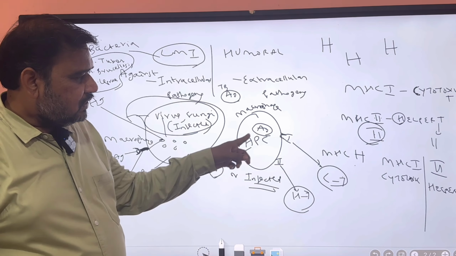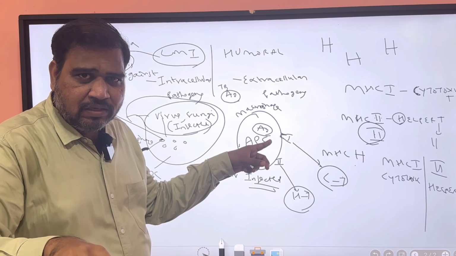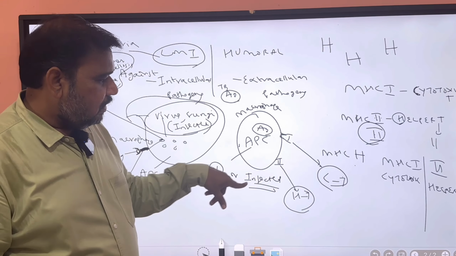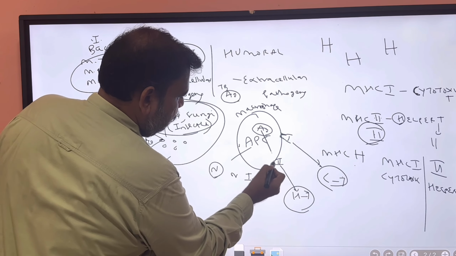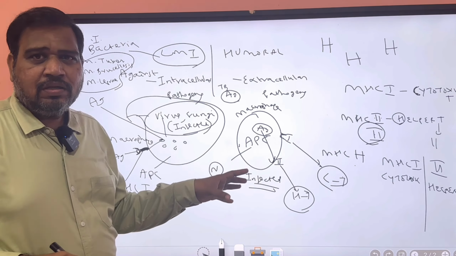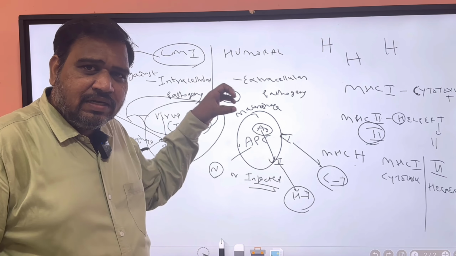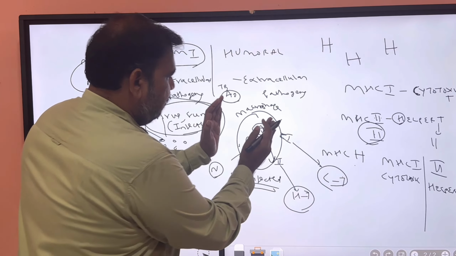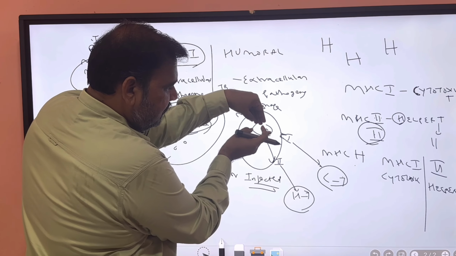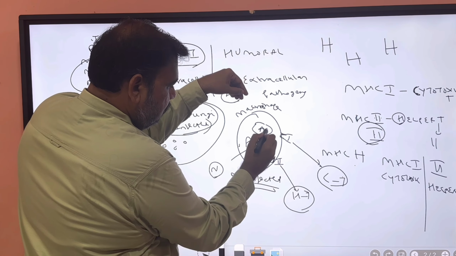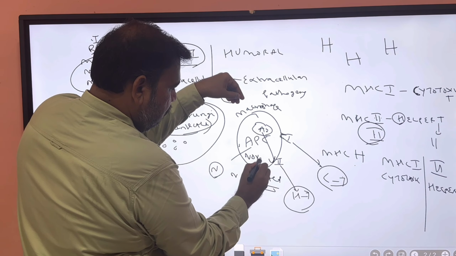So now this is antigen, not the entire bacteria. Now this antigen will be taken by MHC2. That's what I want you to tell. Infected cell means MHC1. The antigen is entering inside the cell, but this is a normal macrophage. This is infected antigen. This is normal.